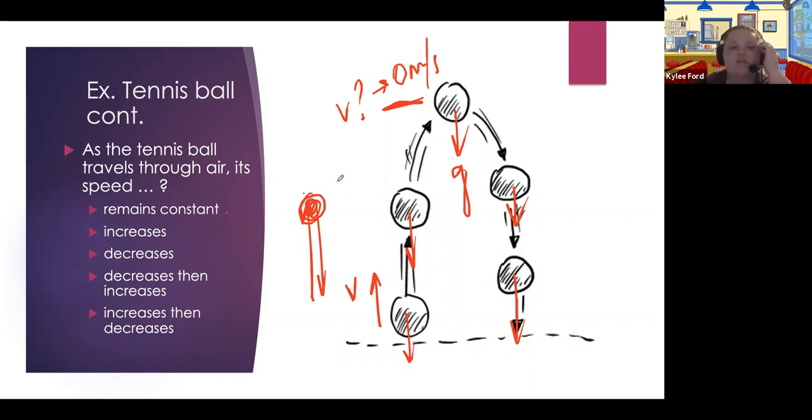So the whole time as it is moving up, is the speed increasing or decreasing? It's decreasing, because it's eventually getting to 0 at its peak point. Then as it falls back down, it starts increasing speed again. So it decreases, then increases.